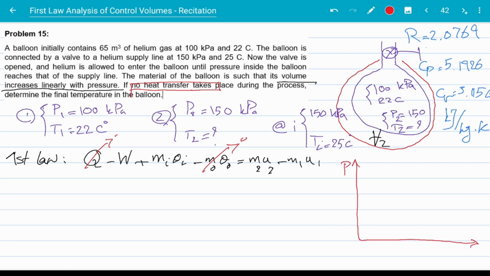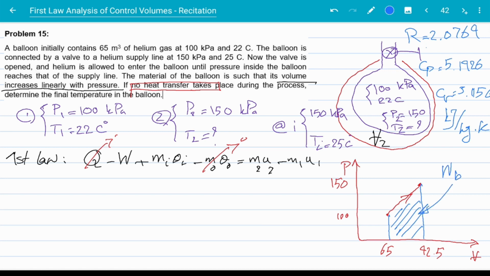So if this is P and this is volume, initially we had the pressure of 100 kilopascals and a volume of 65 meters cubed. Finally, we have a volume of 92.5 and a pressure of 150. This is the process, right? The boundary work is the area under this curve.